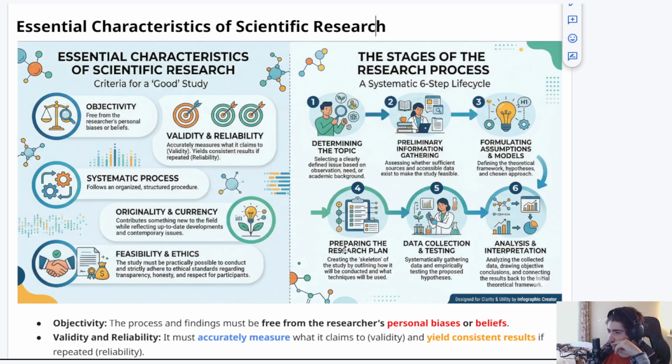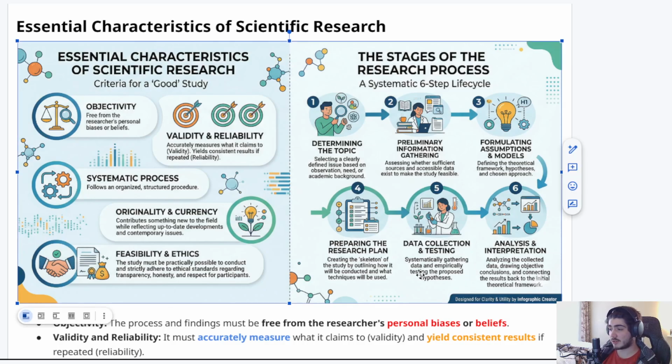And then you prepare the research plan. You create the skeleton of the study by outlining how it will be conducted and what techniques will be used. This is more like a brainstorming step, whereas this is like more concrete, I guess. And in number five, you go into the actual guts of the study and actually do the study. You collect data, you test stuff, and empirically test stuff.